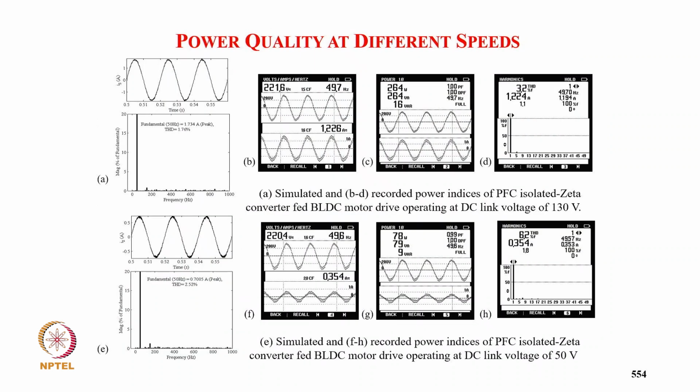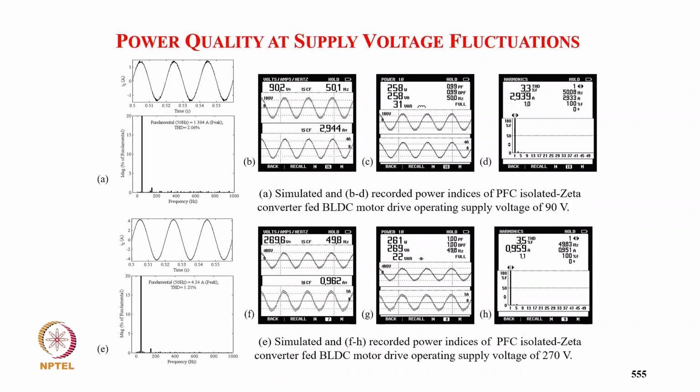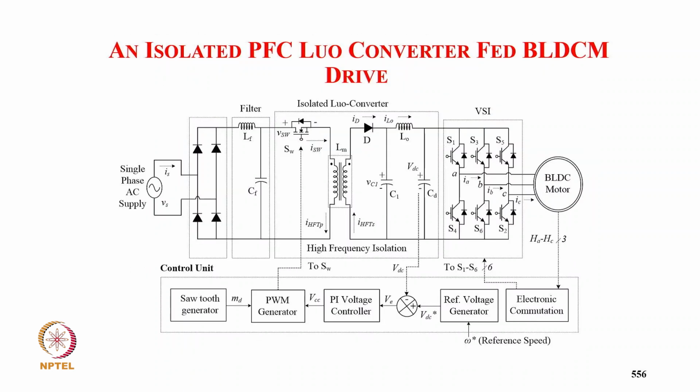And that's your power quality performance at full load. We get THD of 3.2% of supply current with unity power factor, and THD of supply current at light load at 50 volt. And then at 90 volt we get THD of supply current 3.3% and unity power factor. And similarly we get THD of supply current at 270 volt 3.5% and unity power factor.